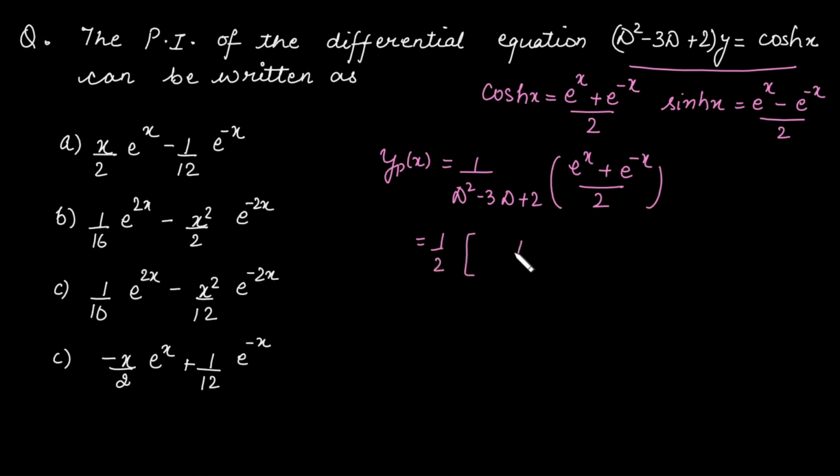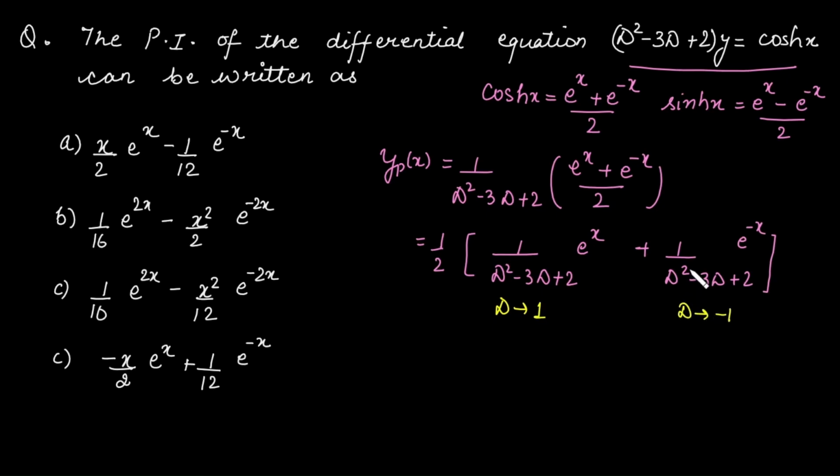So 1 upon D square minus 3D plus 2 e raised to power x plus 1 upon D square minus 3D plus 2 e raised to power minus x. In the first case, D is replaced by 1, and in the second case, D is replaced by minus 1. So this is equal to 1 by 2. When you replace D by 1, we get 1 minus 3 plus 2.